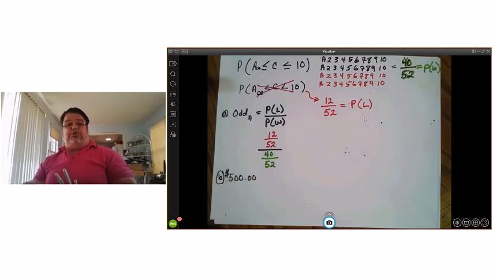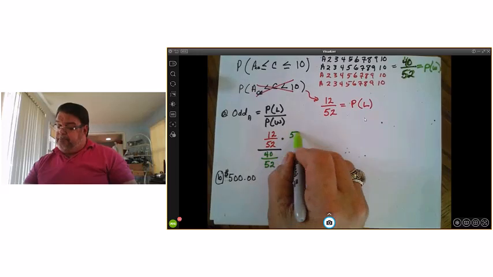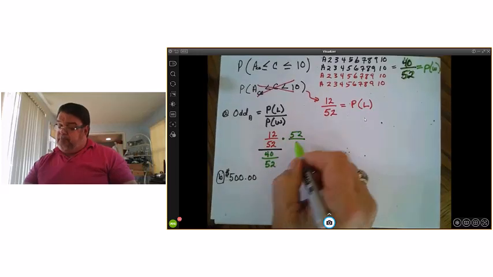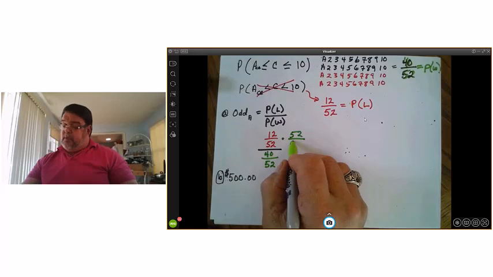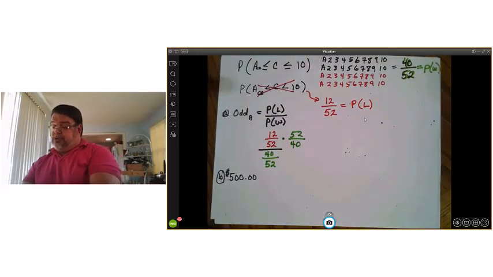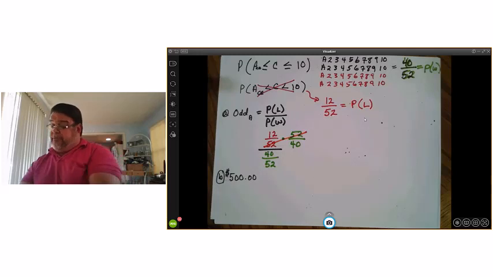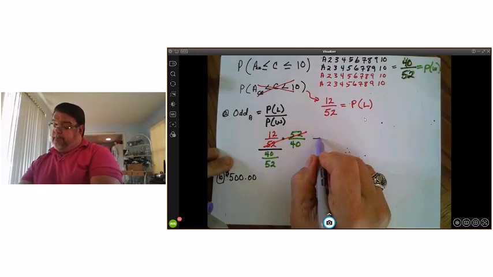And what do you do when you divide by a fraction? You multiply by the what? Reciprocal. And of course, the 52s cancel like they're supposed to. And that leaves you with 12 over 40.